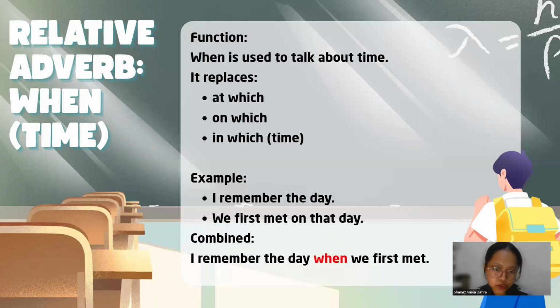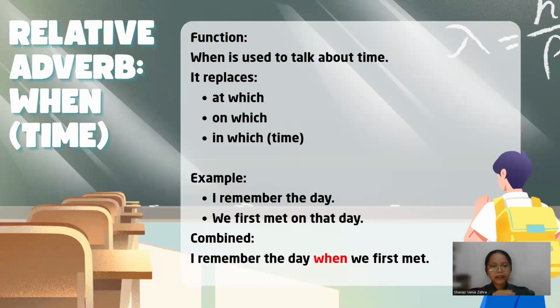So "when" is used as a relative adverb to talk about time. It helps us give extra information about when something happened. In the first sentence, I remember the day. We only mention the time noun, which is the day. In the second sentence, we first met on that day. We add information about what happened at that time.